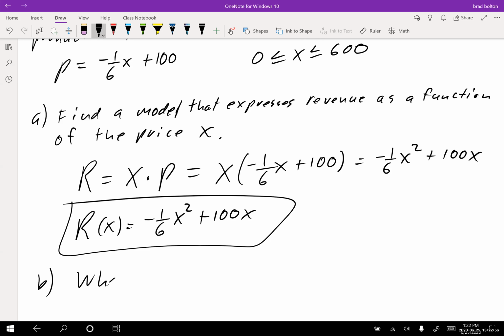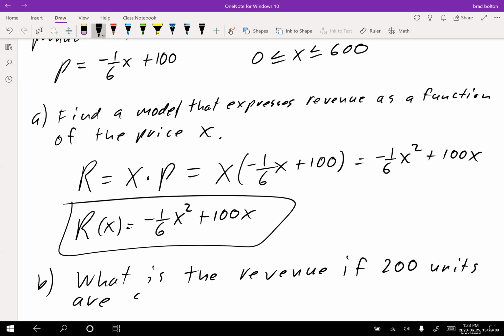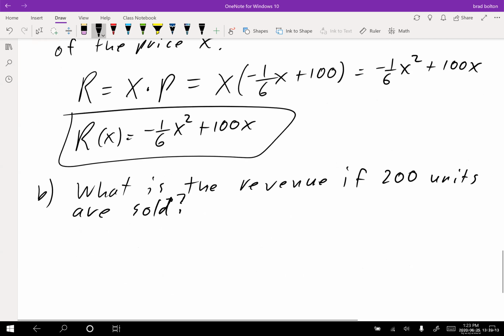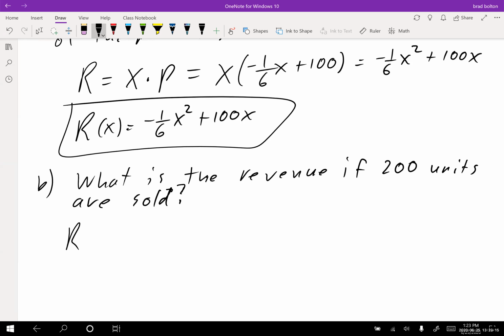They can say, what is the revenue if 200 units are sold? Okay, so then all we need to do is we just do R of 200, and that equals negative 1/6 times 200 squared plus 100 times 200.